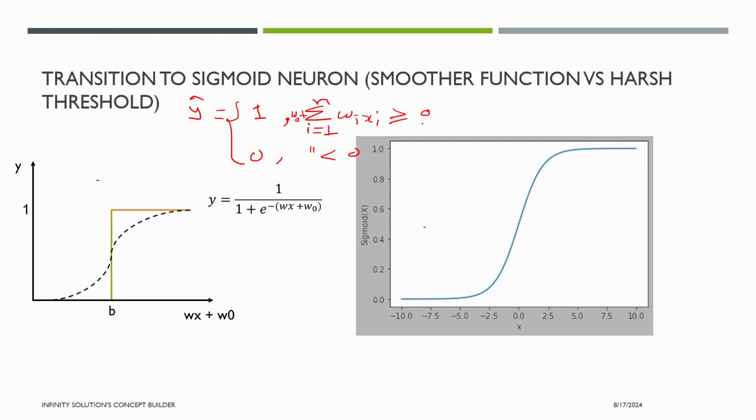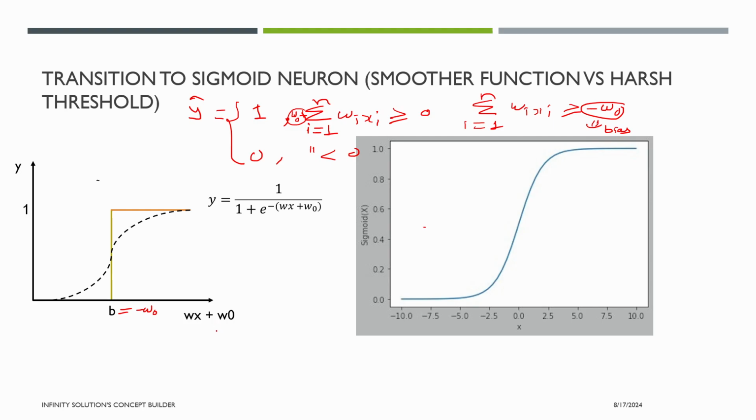Our output function. And if we bring this w naught to the other side, then we can say that this weighted summation of inputs should be greater than or equal to minus w naught, and minus w naught can also be written as bias b. So b is equal to minus w naught.